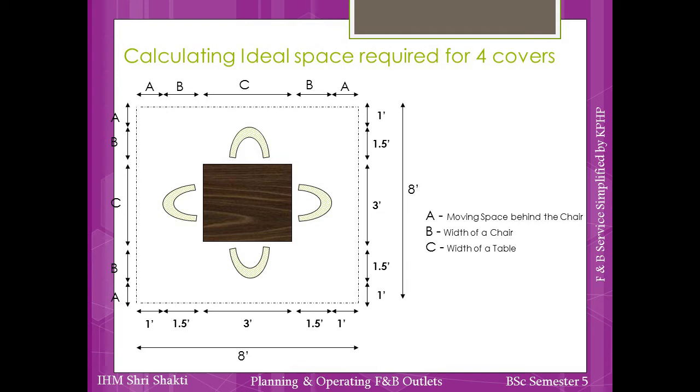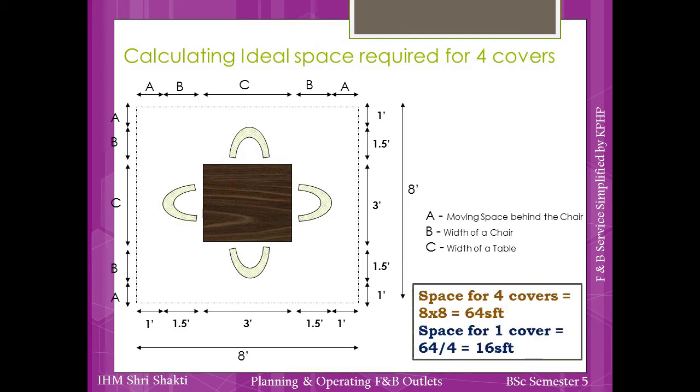If you calculate 1 foot, 1.5 feet plus 3 feet plus 1.5 plus 1, 8 feet is one side. So when we know one side of a square, we can calculate the area of the square. The space required for 4 covers is 8 into 8, which is 64 square feet.